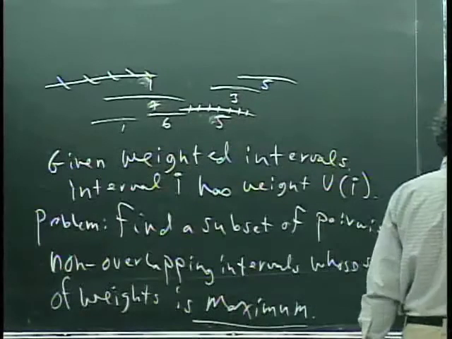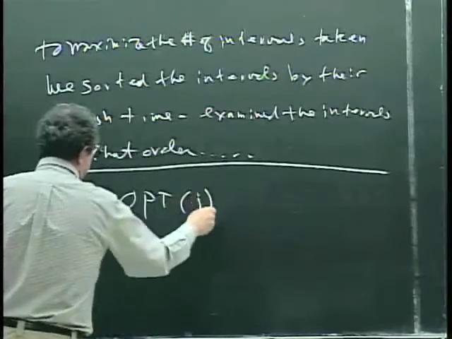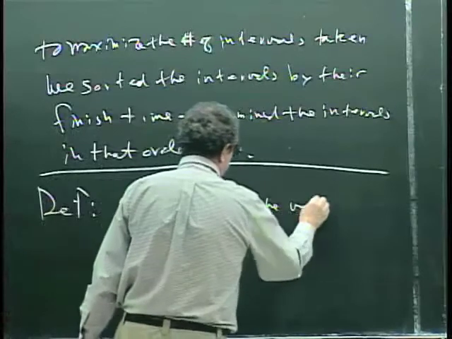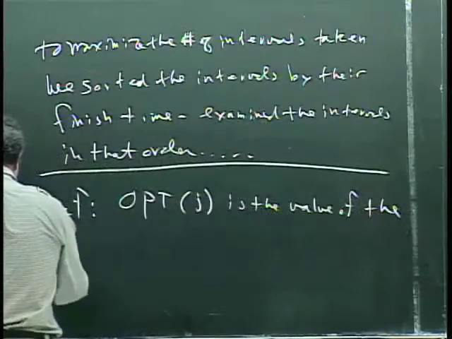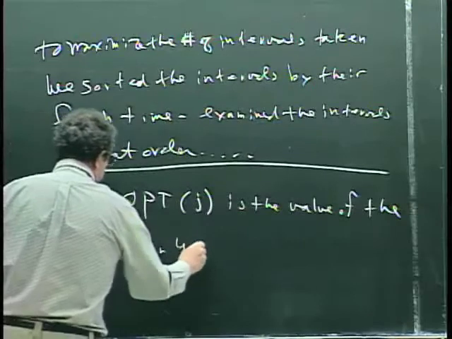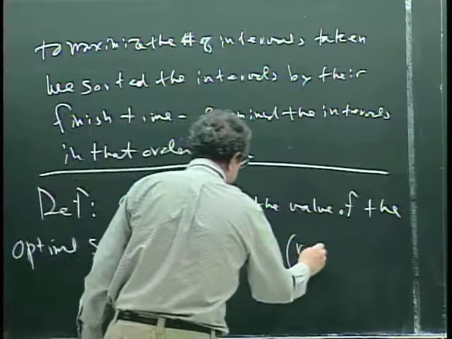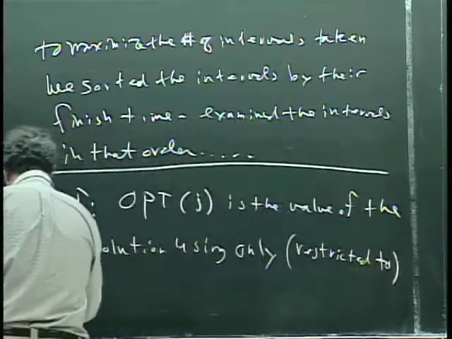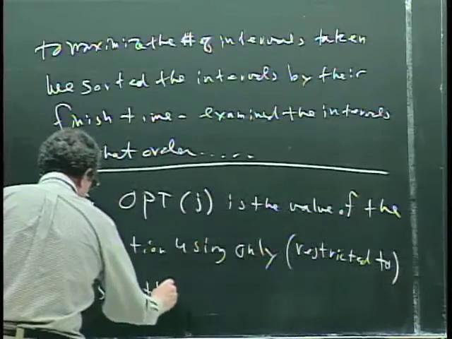So let me define opt of j is the value of the optimal solution using only, or restricted to, intervals 1 through j.